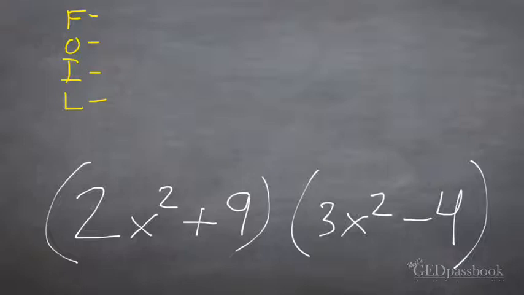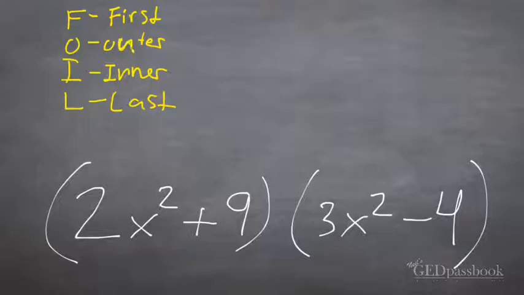FOIL: First, Outer, Inner, and Last. This is an acronym used so that you could memorize your arrows and how to multiply out precisely, right?